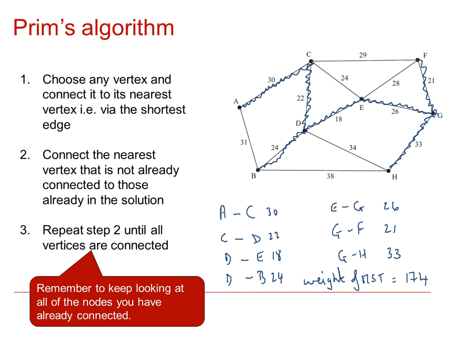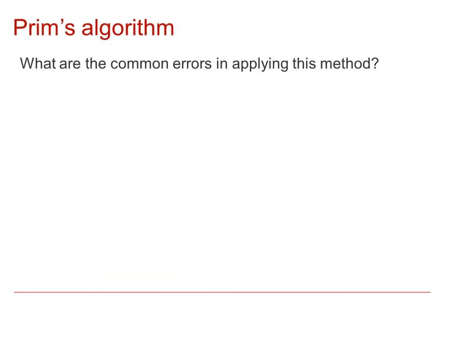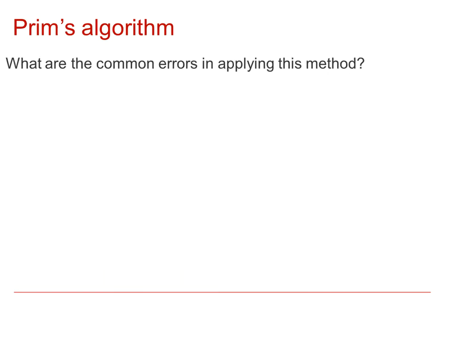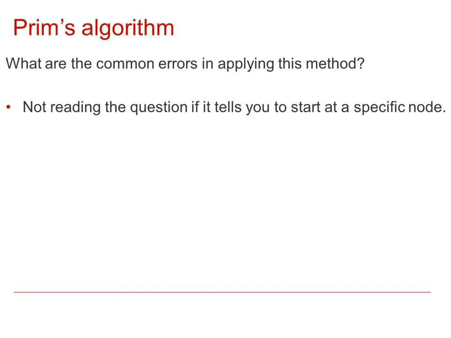So make sure that you understand the algorithm and how it works, just to go over then one or two different things that might go wrong, or what mistakes are often made in trying to apply the algorithm. The first one is really just a silly one, not reading what a question asks you to do in terms of which node to start at.